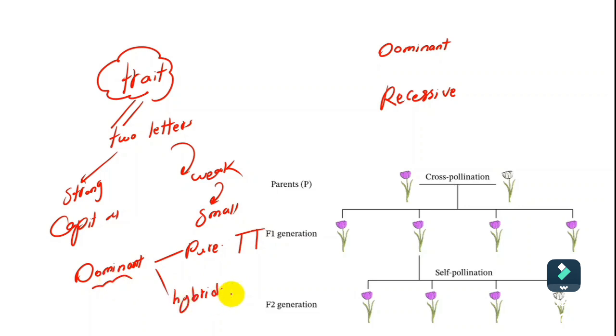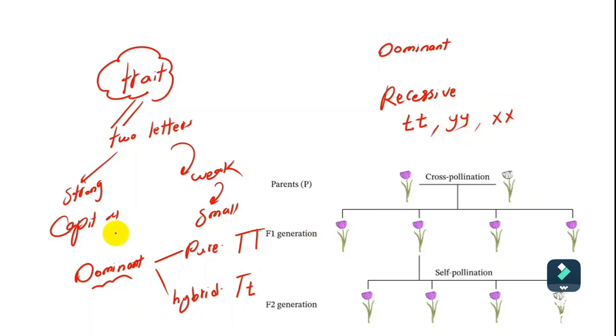But the dominant hybrid will be T capital and the other one T small. But the recessive trait is always lowercase, T small, T small. According to the letter we choose, it could be Y small, Y small, or X small, X small.